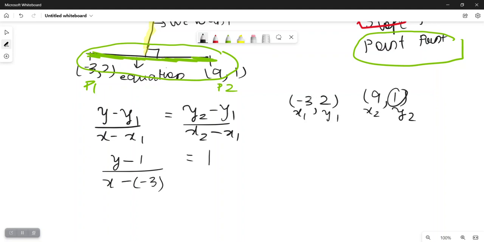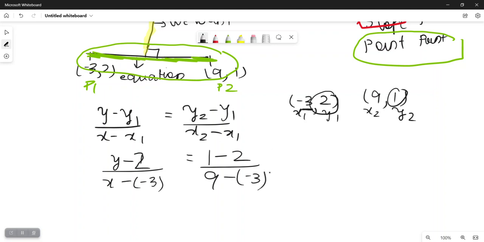So y1 is 2, x1 is -3, that is correctly used, y2 is correctly used, x2 is 9.